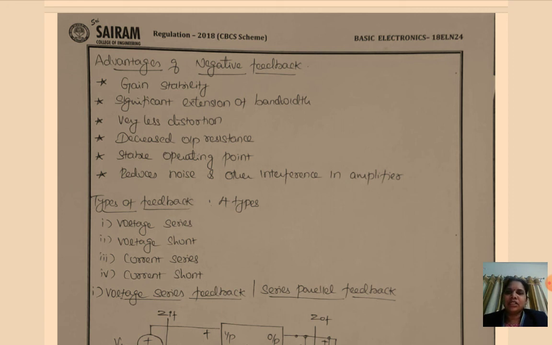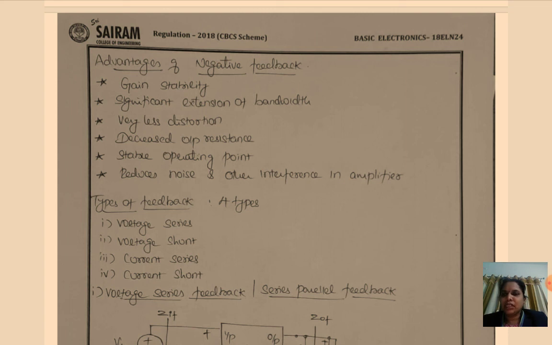Just now we have seen the gain of the negative feedback amplifier, even though it is less, provides stability for the amplifier. And as you have seen in the properties of the negative feedback, it has much more bandwidth when compared to the positive feedback amplifier.